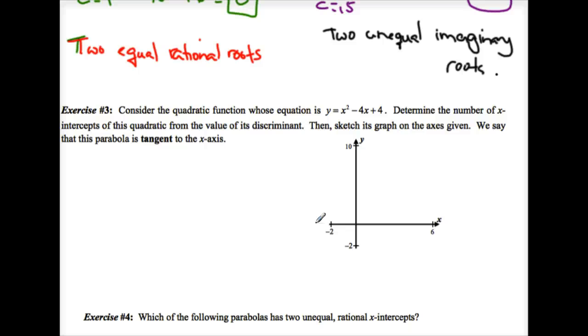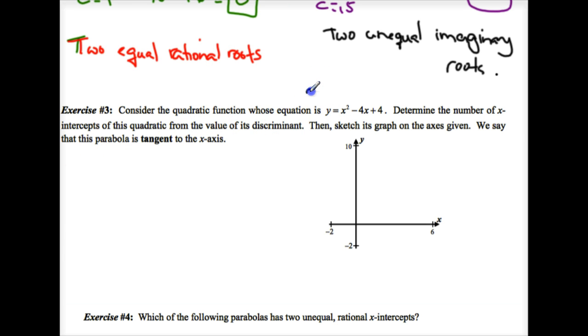Example 3. Consider the quadratic function whose equation is y equals x squared minus 4x plus 4. Determine the number of x-intercepts of this quadratic from the value of its discriminant. Then sketch the graph on the axis given. We say the parabola is tangent to the x-axis, but let's see why. So I want to know the discriminant.